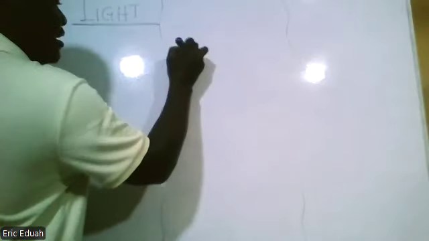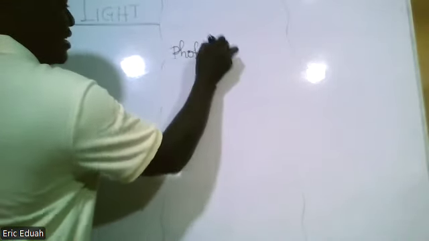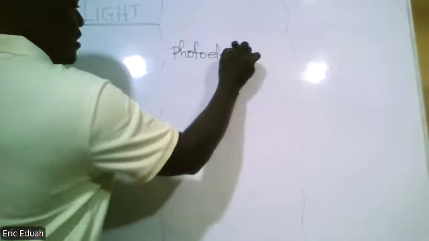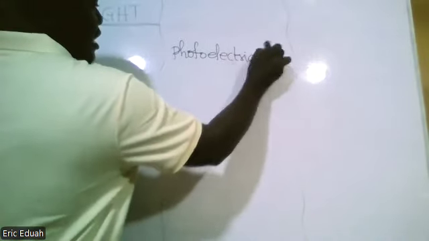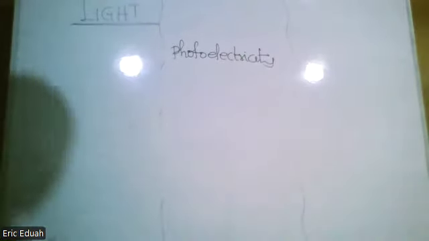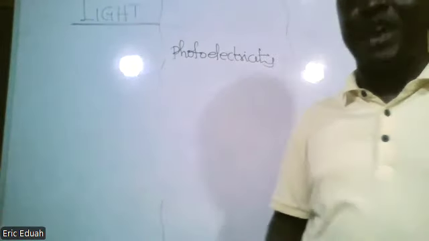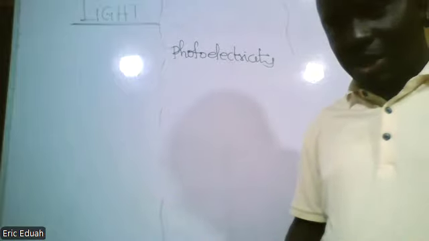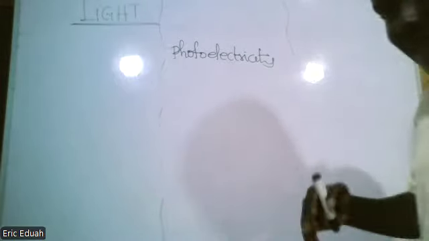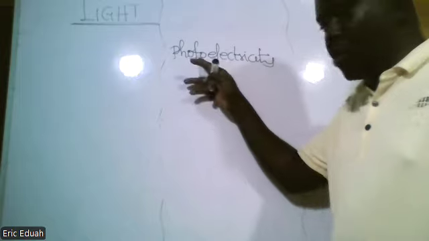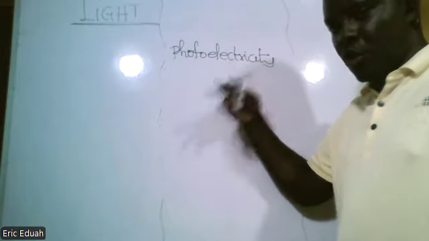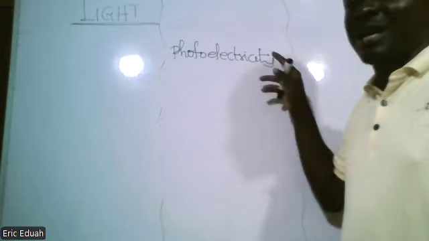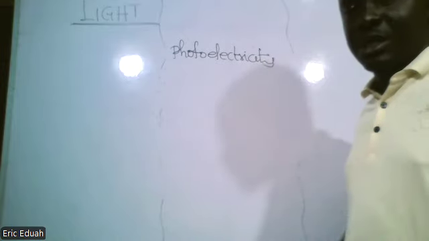It is used in photoelectricity. Yes. Okay, through a process or an application known as photoelectric effect. So the electricity generated through photoelectric effect is what we are terming as photoelectricity.